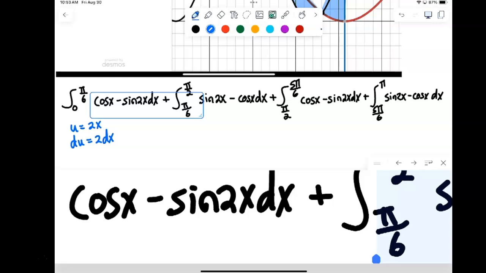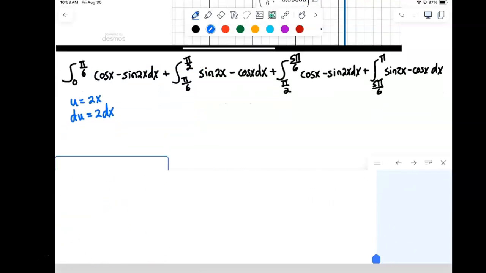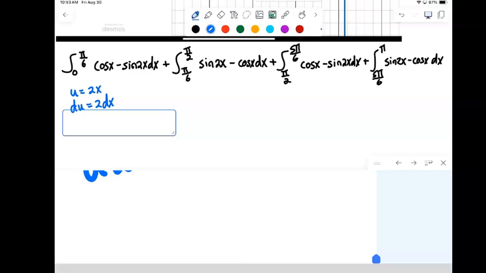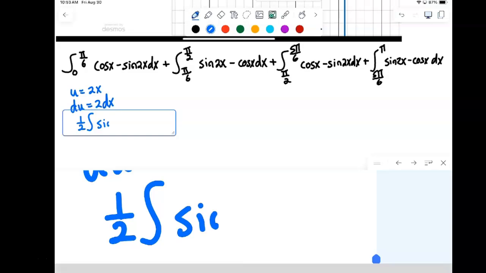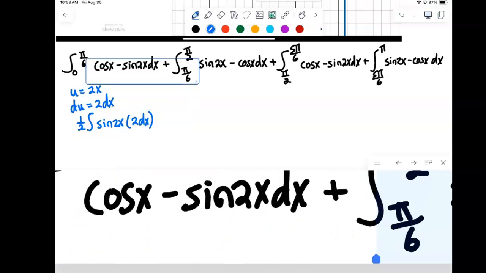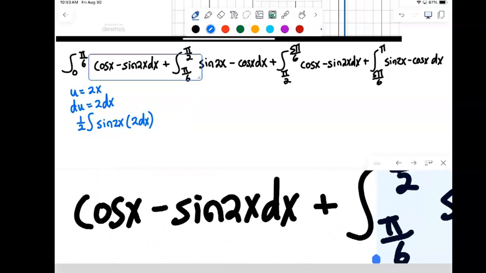Well, if I was putting that together just for the sine 2x integral, since I need a 2 to go with the dx that's not there, I would have to put a 1/2 outside. I'd have my sine 2x, and now I have the 2 to go with the dx. So every one of those sines, when we do the integral, is going to have a 1/2 in front of it once we do the integral. Okay, and so then we're ready to start working this out.